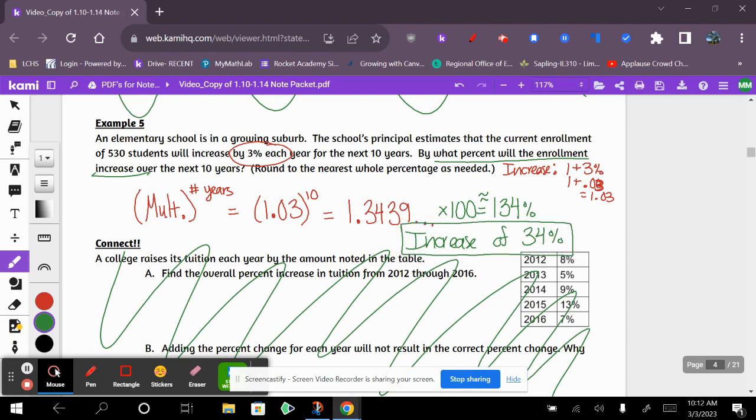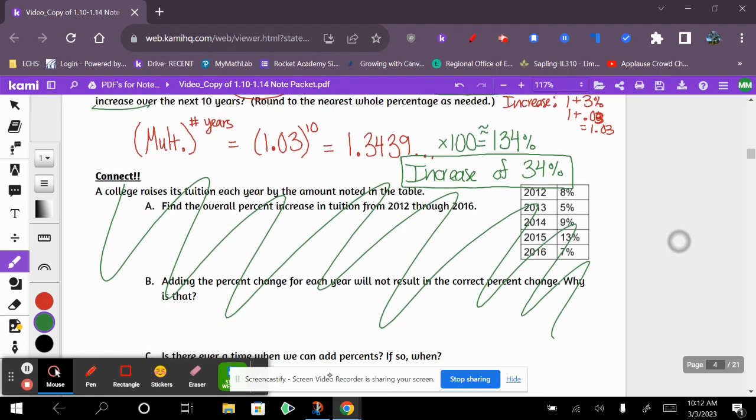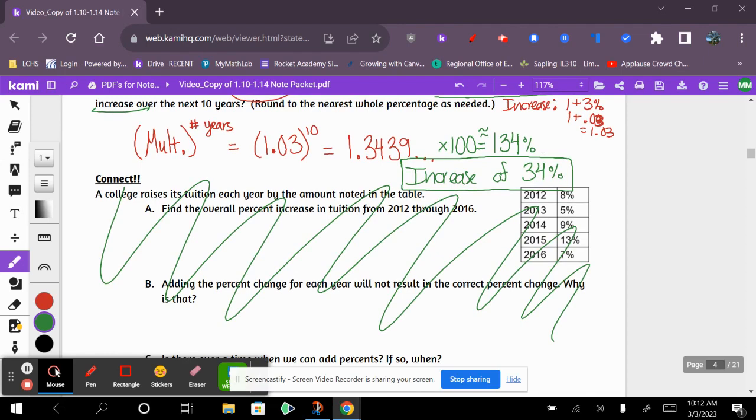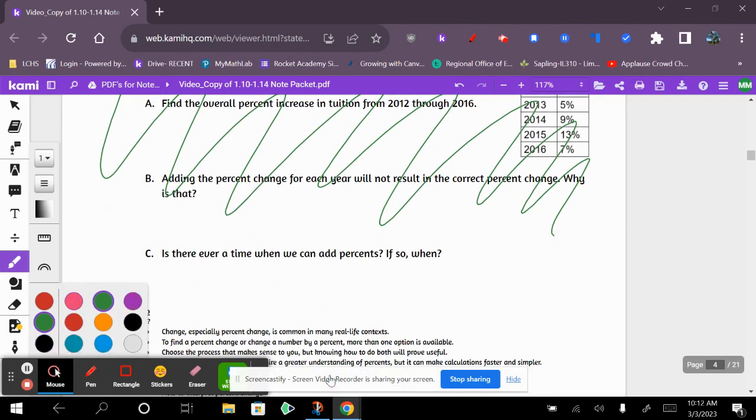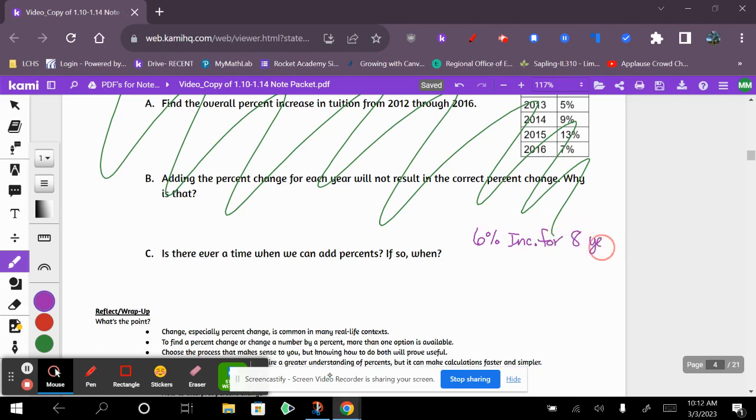This one's a little bit tricky, so I'm going to have us do another example just to have a little bit of extra practice. I'm going to take that same idea of looking at how much percent it's increased over a certain amount of years and see what we get. I'm just doing the same type of problem, but changing the numbers. If we had a 6% increase for 8 years, what would that be as an overall increase?